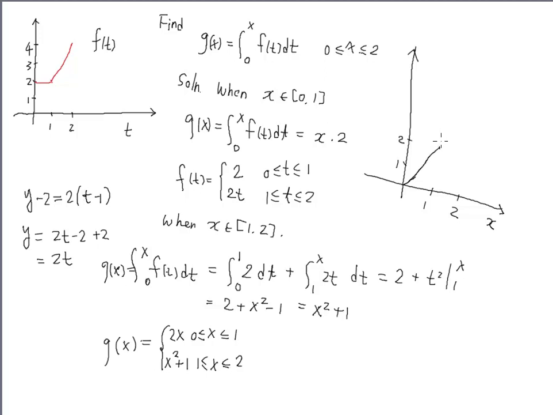When x is 2, you're going to have 5. So we have something like this, and this is g of x. And we can see that f of x, if we replace t by x, is exactly the derivative of this one.